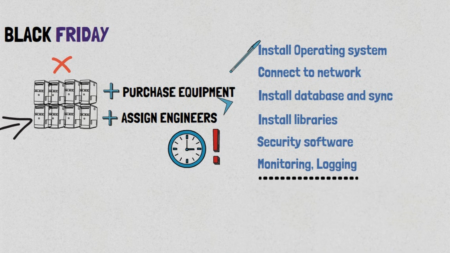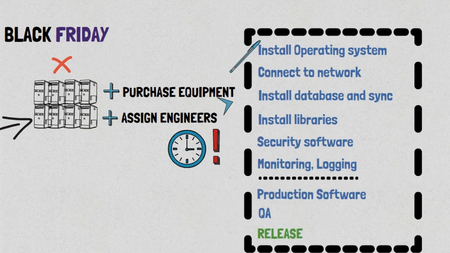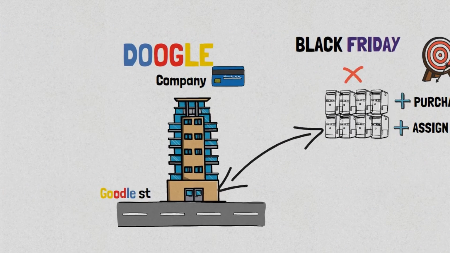And only then they will be able to install the production software on those new servers. After all this installation, they will be able to assign QA to perform their test, and only then they will be able to finally release. Because of the amount of work, pressure builds up, and Black Friday turns out to be a complete failure.